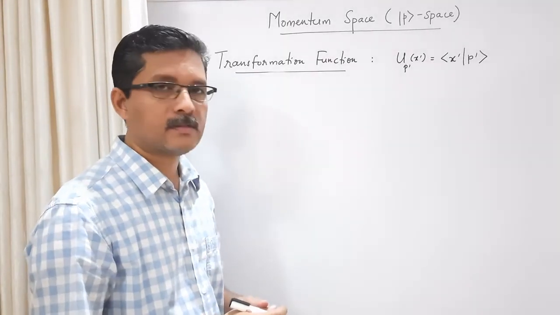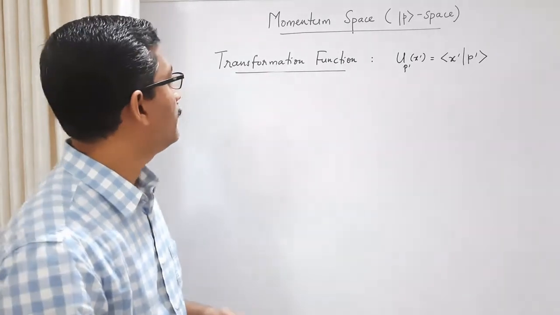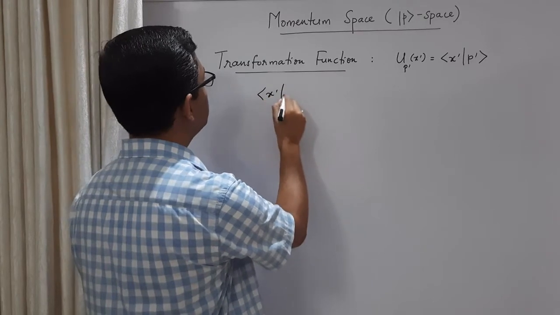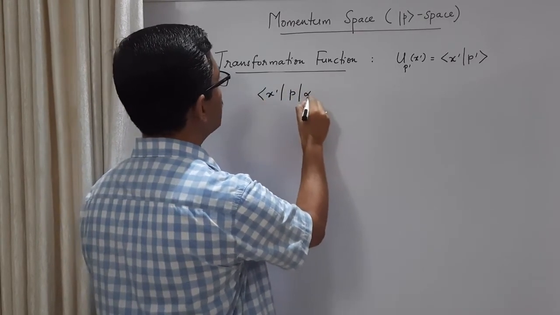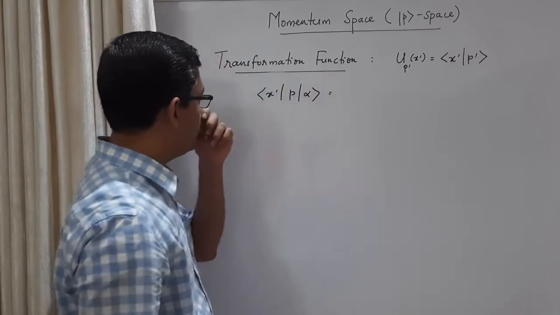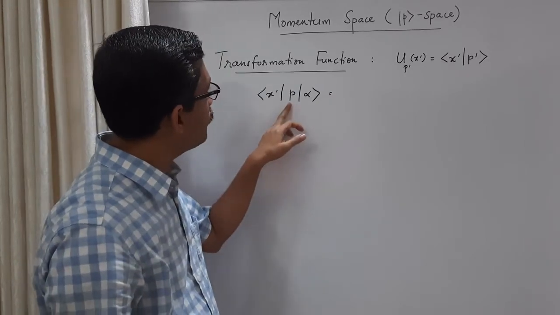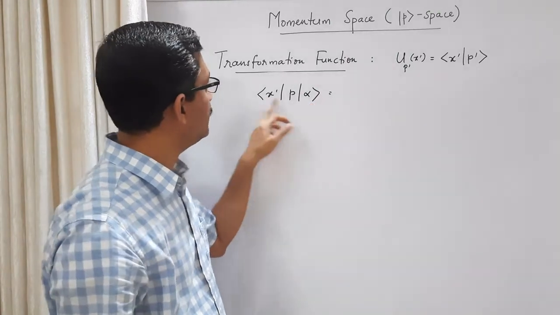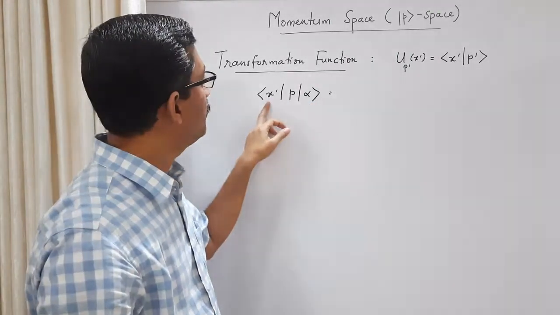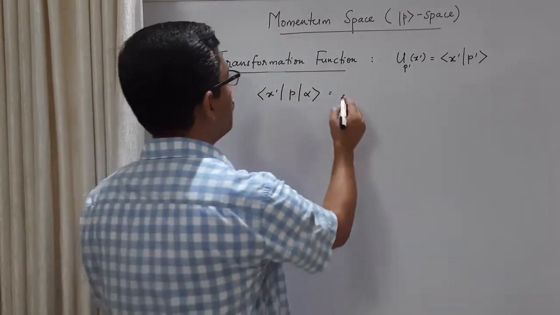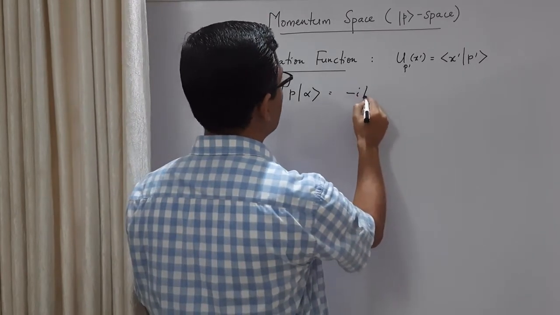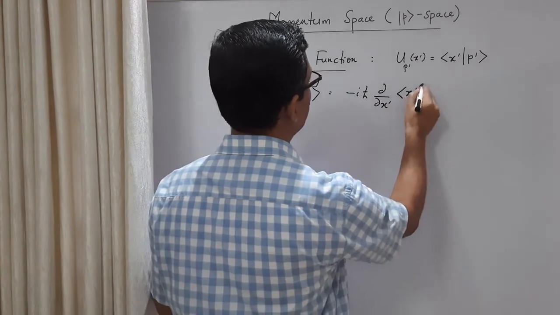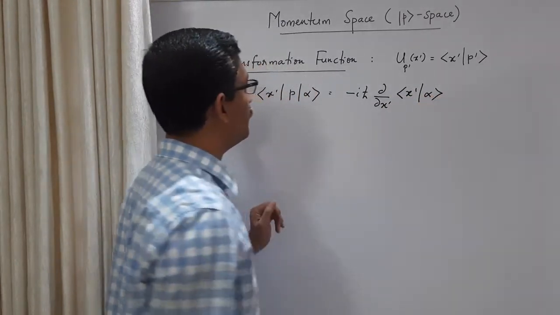Earlier, when we discussed the position basis, we had this result: bra x prime, momentum operator, ket alpha. Basically this means the action of the momentum operator on a general ket in position basis. This is obtained as minus i h cross dou by dou x prime of alpha.